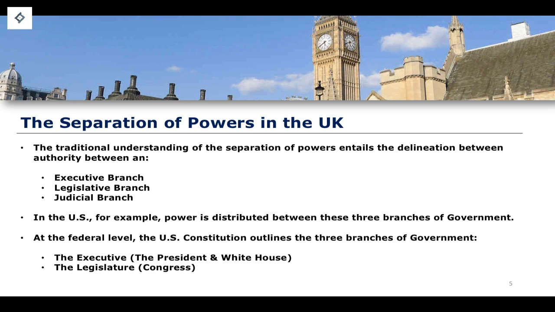Again, this is represented by Congress, the houses of Congress, the House of Representatives and the Senate. And then you have at the federal level the Supreme Court, which represents the judiciary. And the Constitution outlines that each of these three branches will have the power to check all of the others. And it also makes it very clear that these three branches are clearly distinct and separate branches.